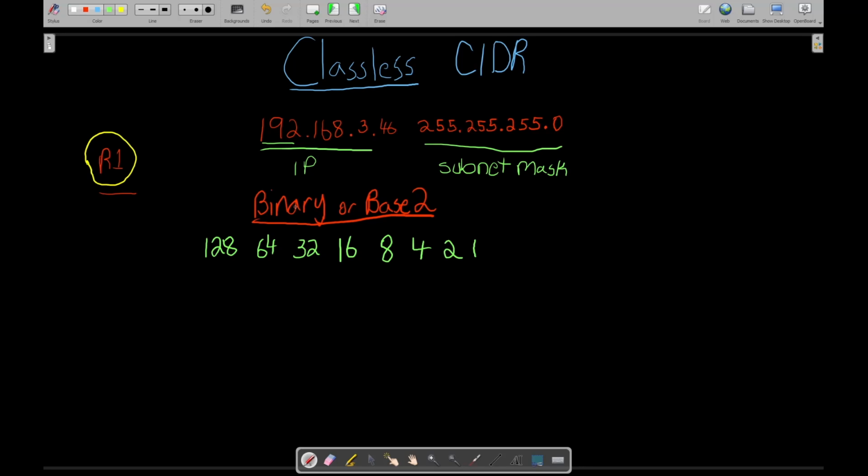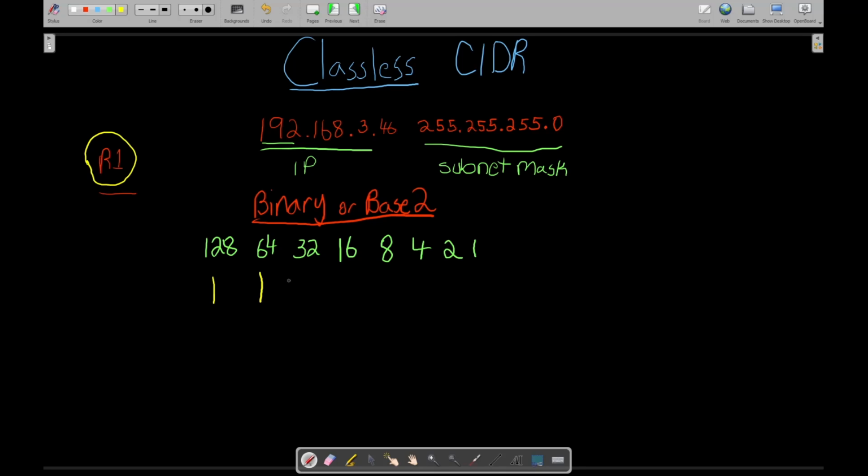Now, I said before, binary is just 1s and 0s. So, we'll add those numbers now. Think of 1s and 0s as trues and falses. 1 is true, 0 is false. Now, is there a 128 inside of 192? True, there is. Can 128 and 64 fit inside 192? Yeah, it can.